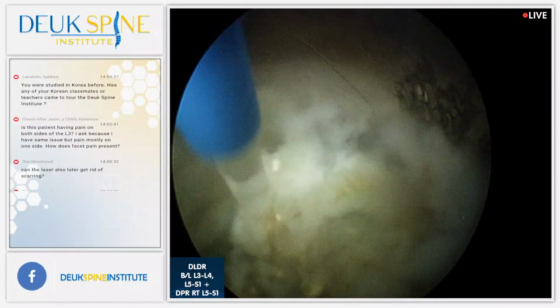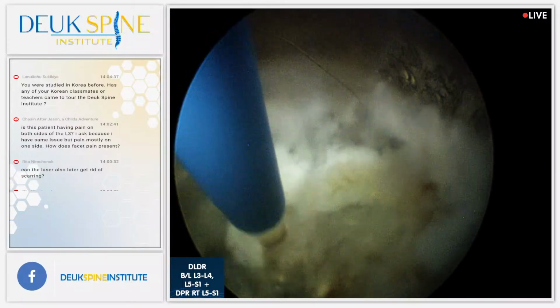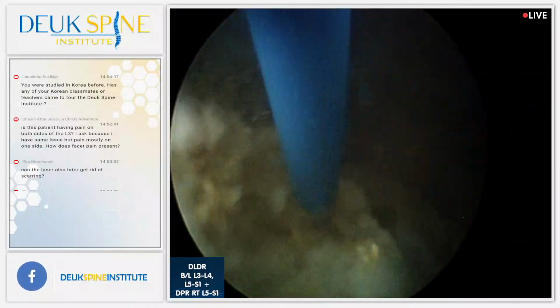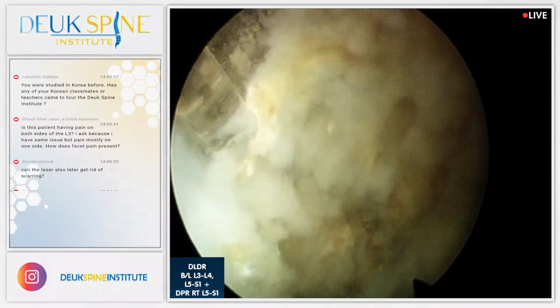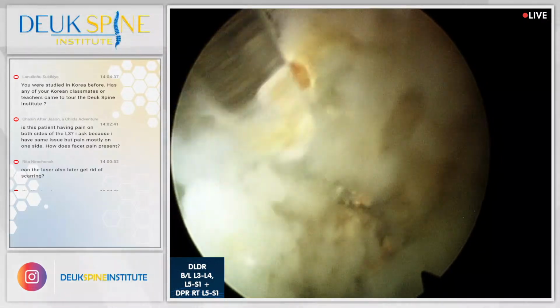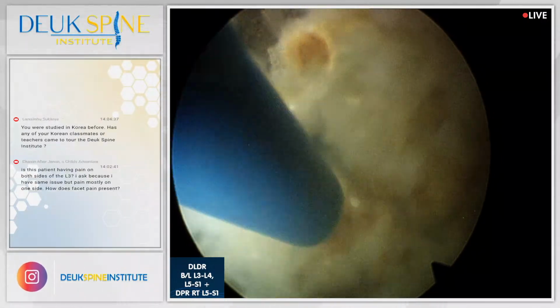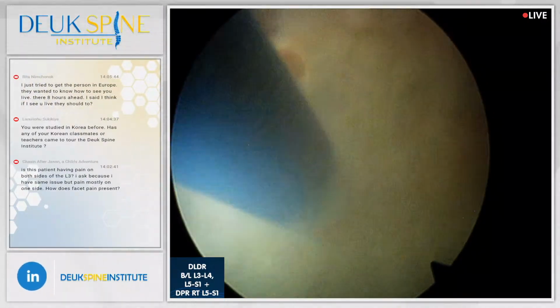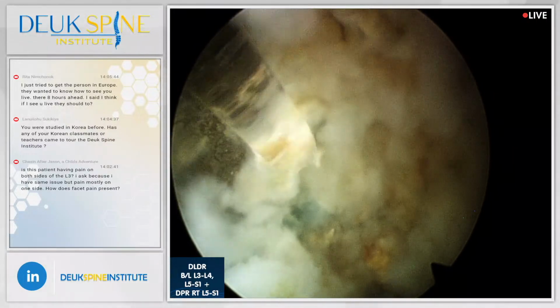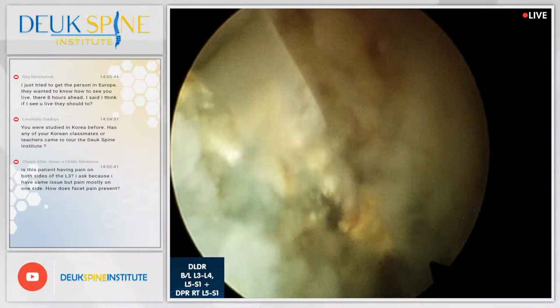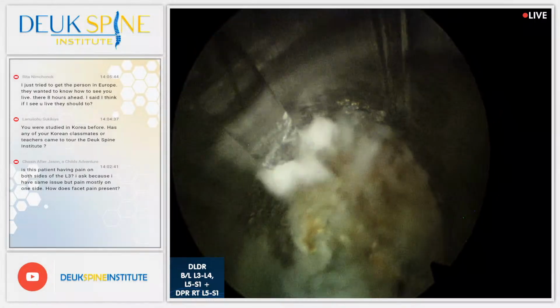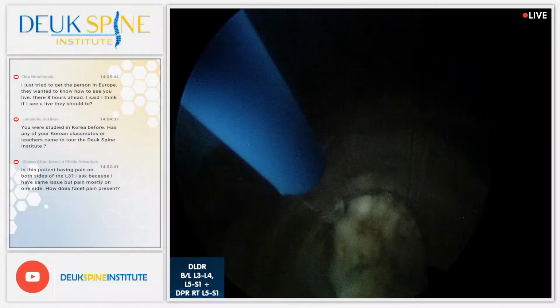If you turn your neck left or right and you have facet pain, turning left will elicit left facet pain, turning right will elicit right facet pain. All right, hopefully that answers your question, Chasen After Jason. I can tell you if you have facet pain with a quick exam. I don't know if you've done our free MRI review, but you should consider it.